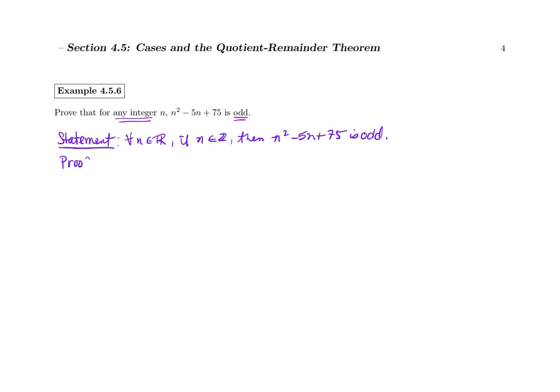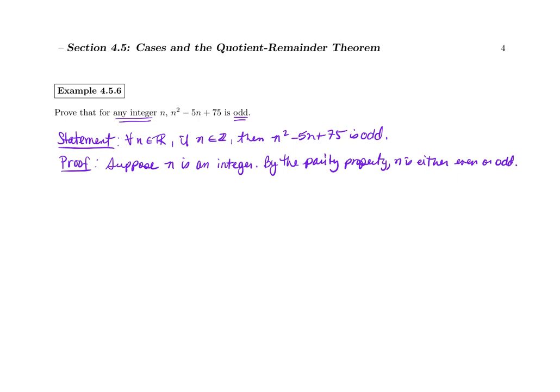So in our proof, we're going to start with just supposing n is an integer. And then what we know then is that by the parity property, n is either even or odd.